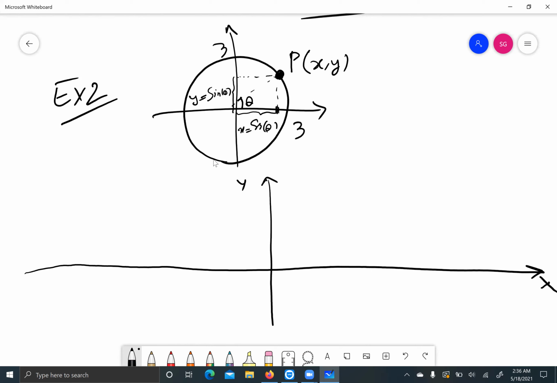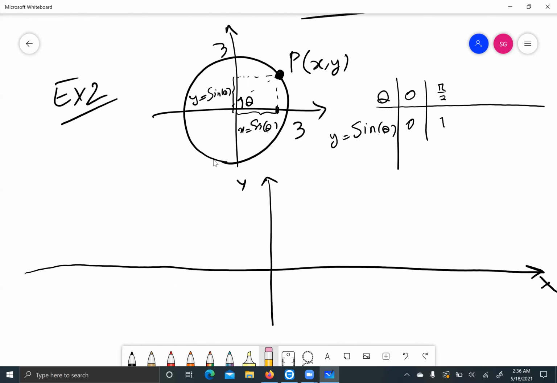X-axis, y-axis. Okay, so here is the thing, you can try a table of values if you want. Theta and y equals sine of theta. For example, if you try 0, at 0 the height is 0. If you try pi over 2, we know that sine of pi over 2 is 1, but because the radius is 3, this is going to be multiplied by the radius, so it's going to be 3.